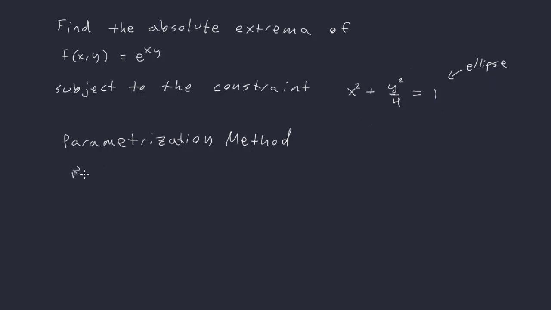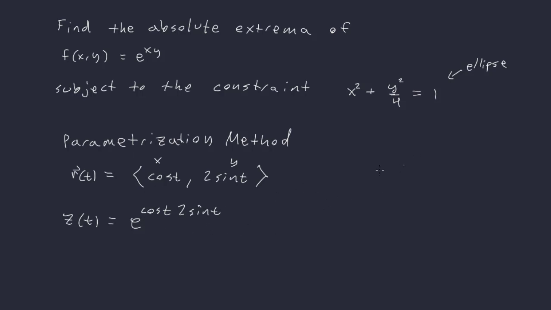So that ellipse would be something like r of t equals cosine t, comma 2 sine t. Okay, so that would be our x and our y. All right, so if we put that into our f to make our, let's say, z of t function, it would be e to the cosine t times 2 sine t.